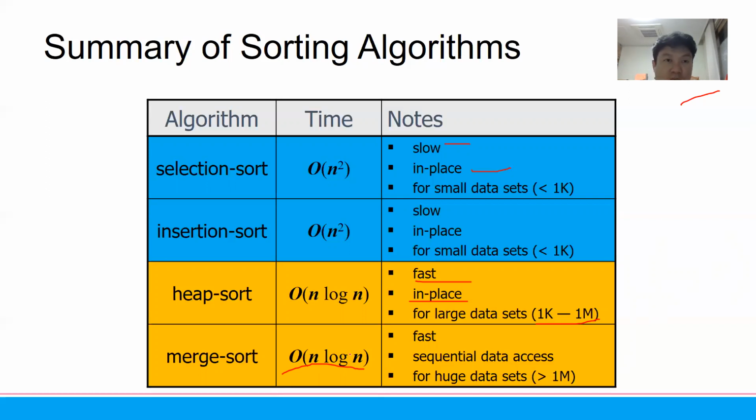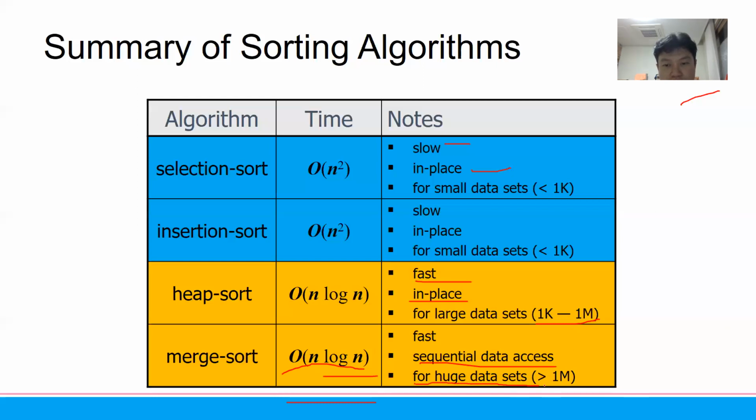Let's say you want to check the possibility to use sorting algorithms, and you just refer to this one. What is the sequential data access? If you meet me, you can prepare all the materials, and then I can explain to you. And from the many analyses, merge sort is very useful for huge datasets.